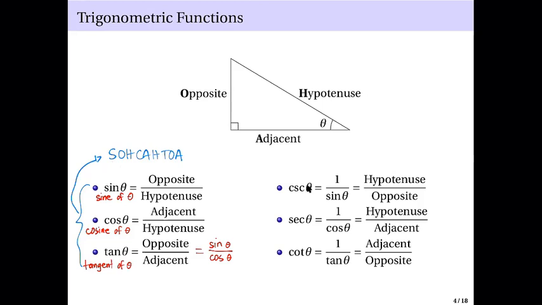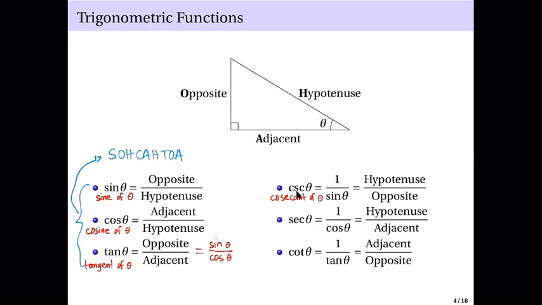Now, for the other three trigonometric functions that you see in here, we have this one here, CSC. CSC means cosecant of theta.